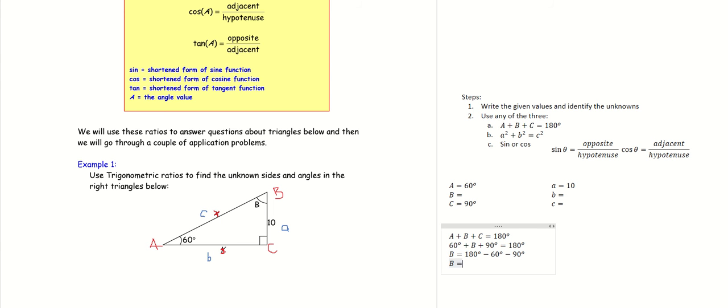And therefore, b is equal to 30. Okay? So, we already have 30 degrees. So, that's the first thing that we solved.